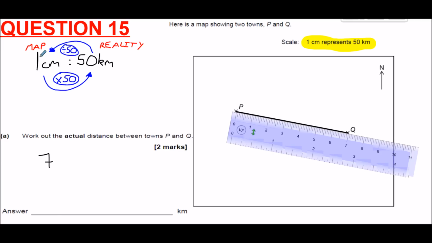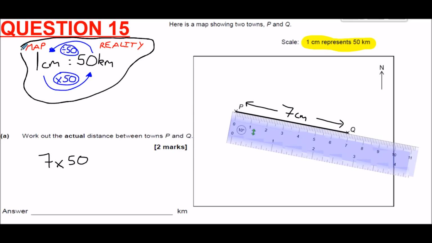And so what we do is we take 7 centimetres, this distance here, and multiply it by 50. According to what we set up here, to change from the map distance to distance in reality, we're going to multiply by 50.